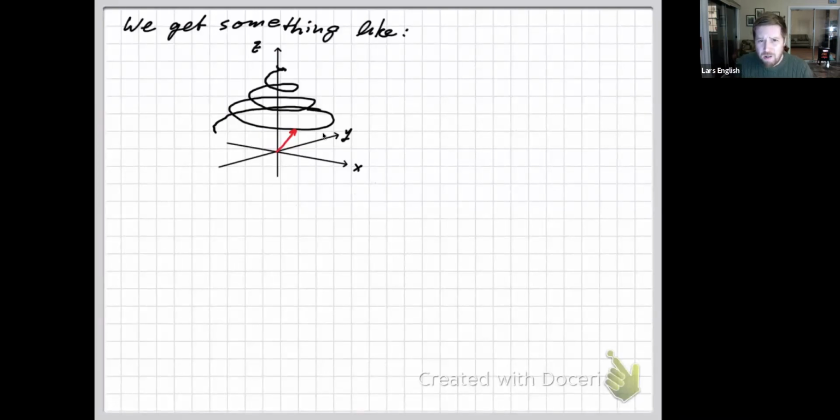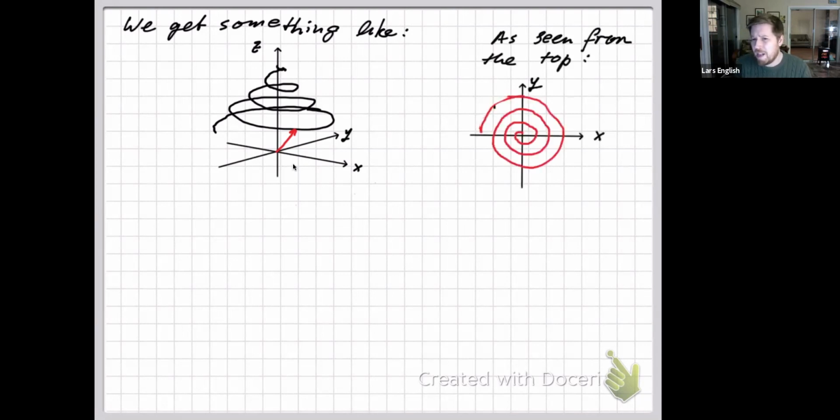And so we're basically rotating into the xy plane like that. We're spiraling down into the xy plane. So as seen from the top, this would maybe look something like this. Here we're just projecting down into the xy plane. We're looking down the z-axis, sort of tracing out the tip of the spin vector.